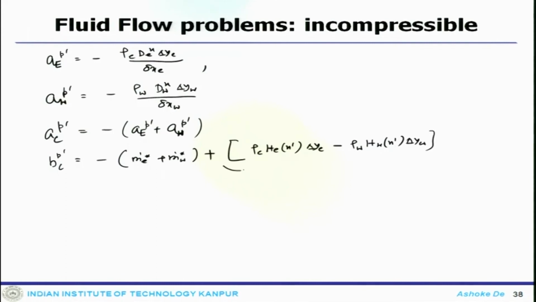So, this particular term involves the corrections, and this will become 0 when there would be no correction, or the solution has converged. Then there will be no effect on the solution.